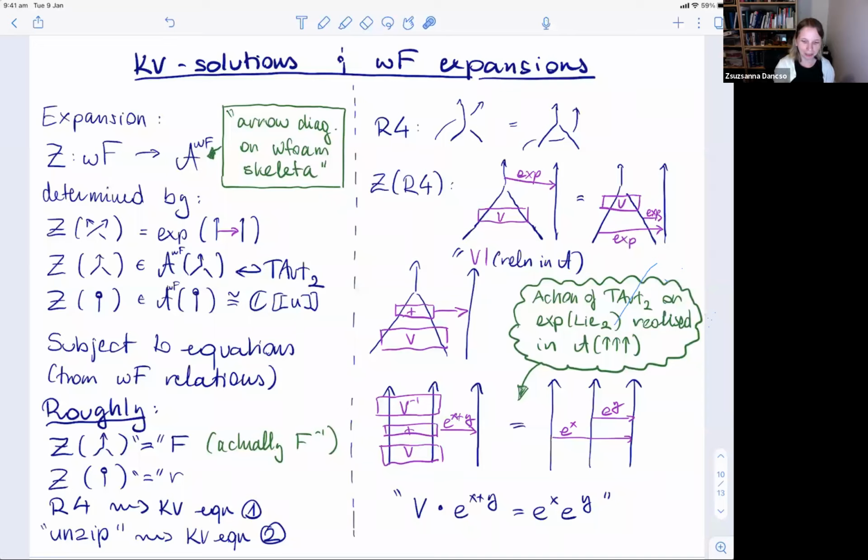And it turns out that the space T02 embeds in here. And the value of the cap is an arrow diagram on a cap strand. And it turns out that that's essentially a space of power series. So roughly, Z of the vertex will be the F, the solution F.